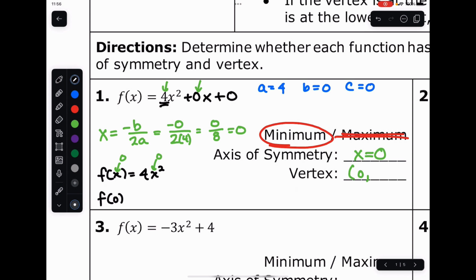So f of 0 equals 4 times 0 squared, which is 4 times 0, which is also equal to 0. So our vertex is located at 0, 0.